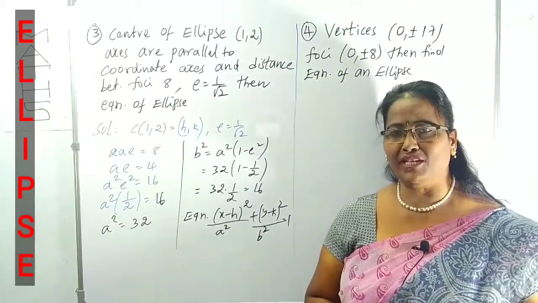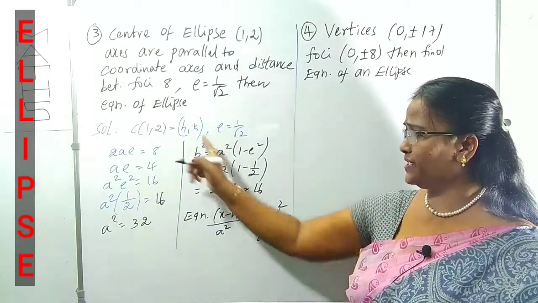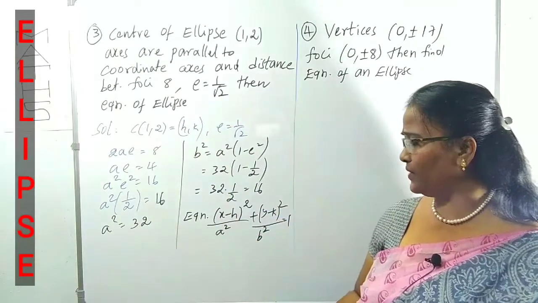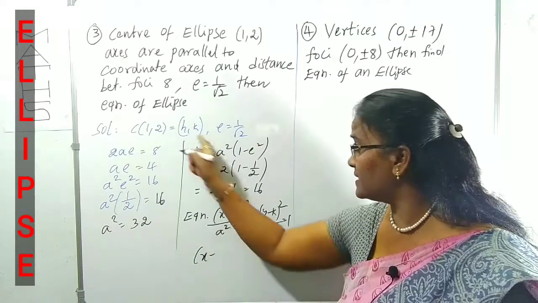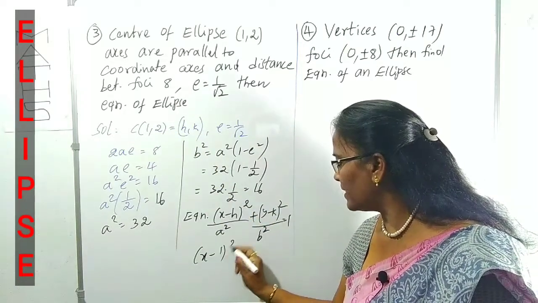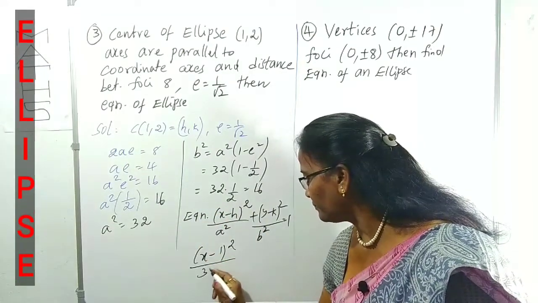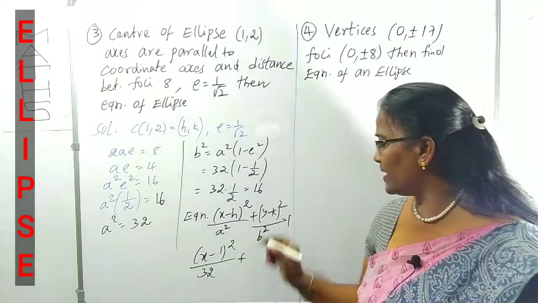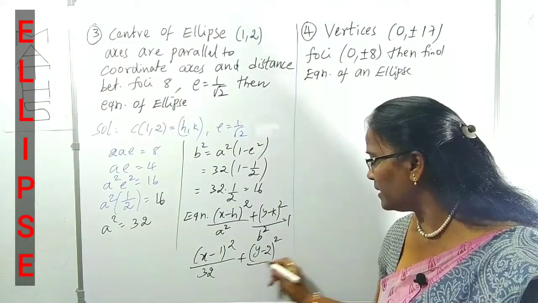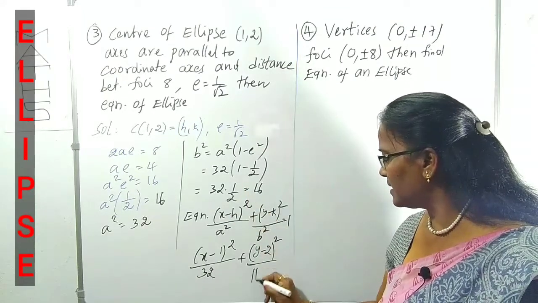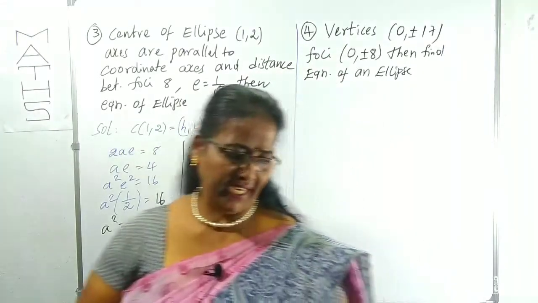This is the equation of an ellipse whose center is at (h, k). Substituting all values, it will be (x minus 1) whole square by 32 plus (y minus 2) whole square by 16 is equal to 1. That's it. This is the required equation of the ellipse.